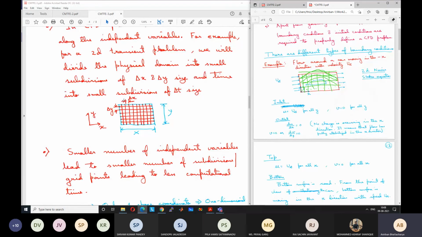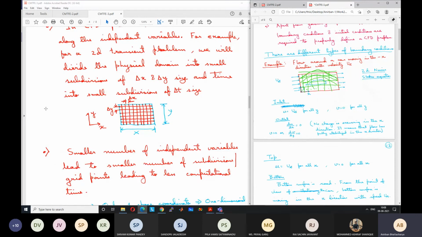If we solve these equations, some of the algorithms take n cube steps to solve n equations. The number of steps required for solving the equations scales as n to the power 3. There are many algorithms like this.